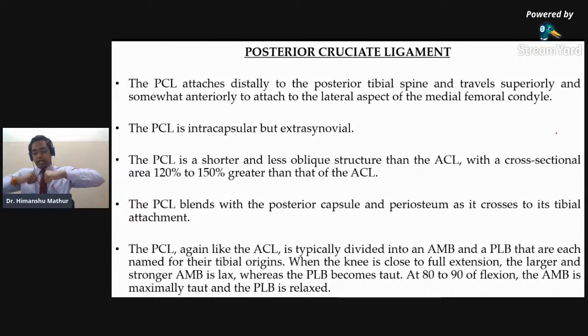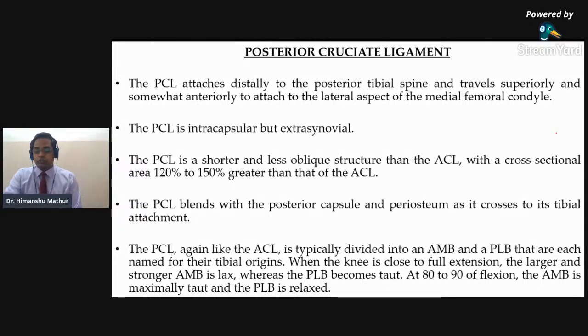Whenever the tibia has migrated anteriorly, the AMB band of the PCL is lax, whereas the PLB becomes taut at complete extension. So at complete extension, the posterior lateral band of the posterior cruciate ligament is relatively tight, to pull the tibia back. Now, at 80 to 90 degrees of flexion, the anteromedial band is maximally taut and the PLB is relatively lax, in a relaxed state.